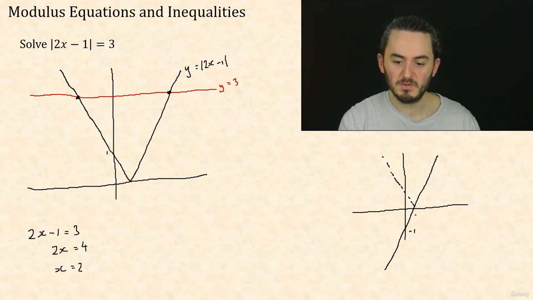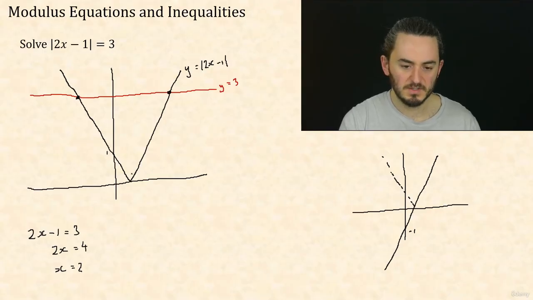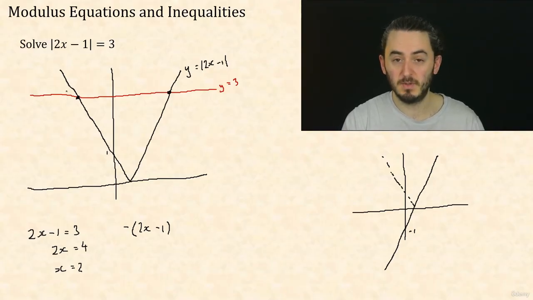And this solution here is where the line y equals 3 intersected the modded part, the bit that got bounced up like this. We can go back to our original definition of the modulus function, which is that when your input is negative, it multiplies it by minus 1. So this part of the line is really a part of the graph minus (2x minus 1), because 2x minus 1 was the stuff down here, and it got flipped up here by multiplying it by minus 1.